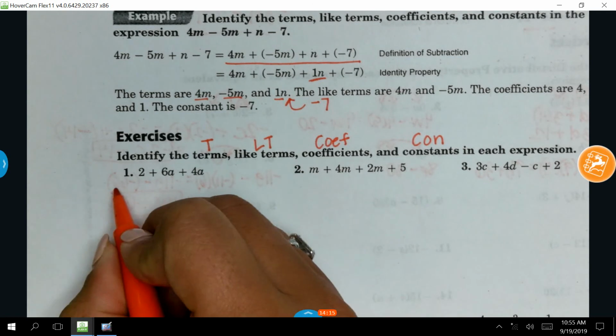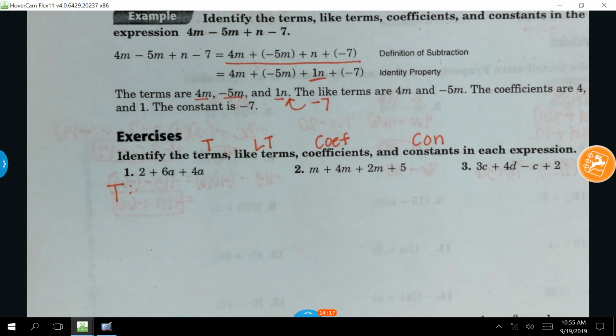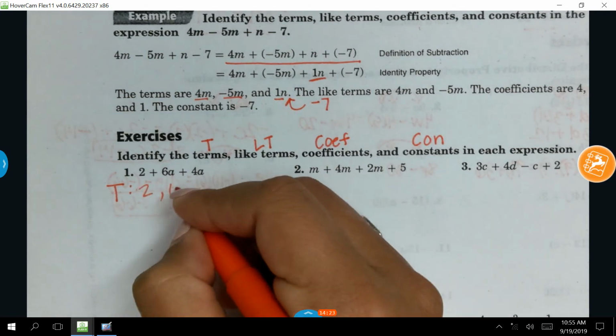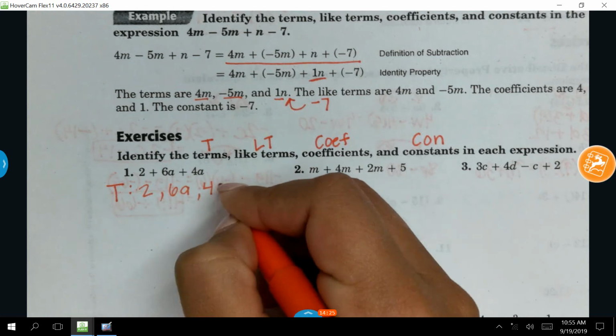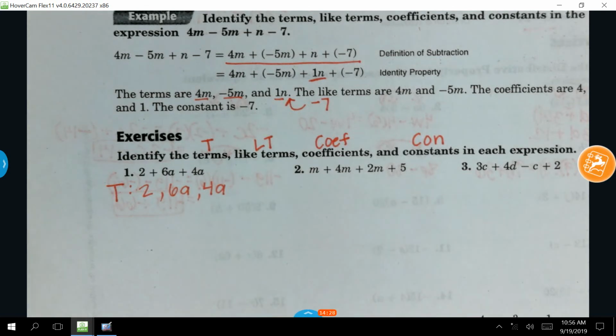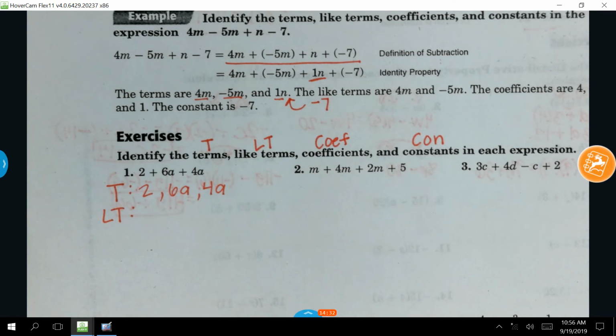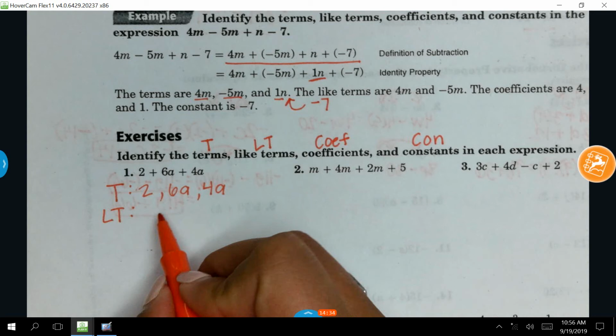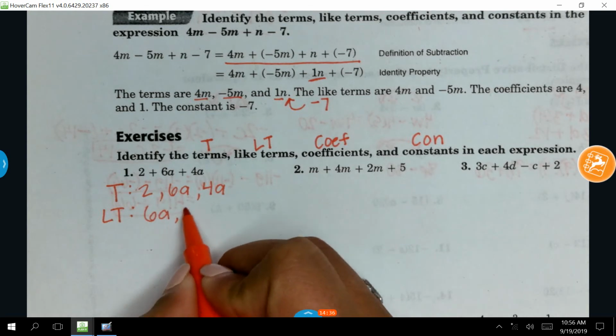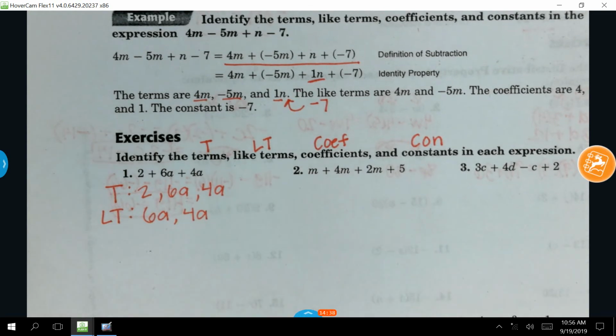All right, so for number 1, what are my terms? My terms are everything. Charlie. 2, 6a, Good. 2, 6a, and 4a. Do I have any like terms? Yeah. What are they? 6a and 4a. Because they both share an a.